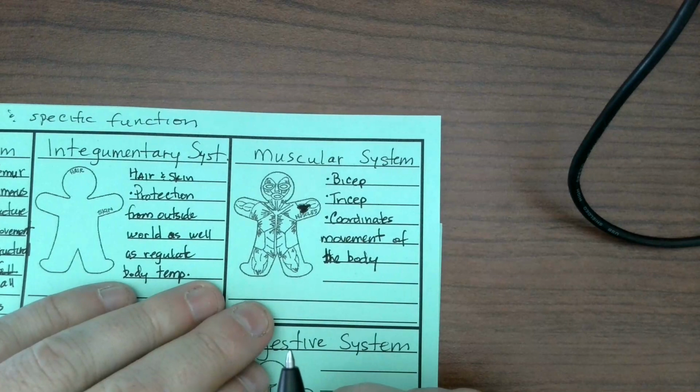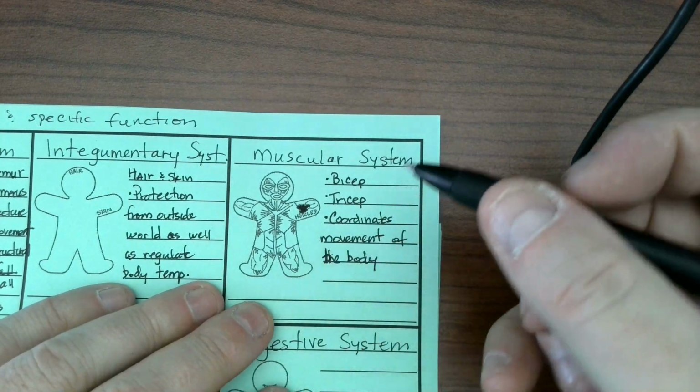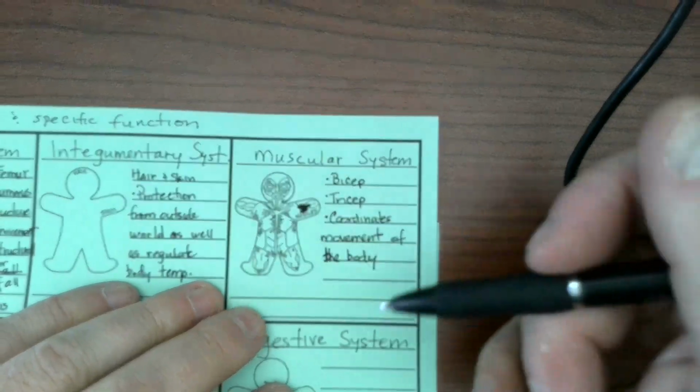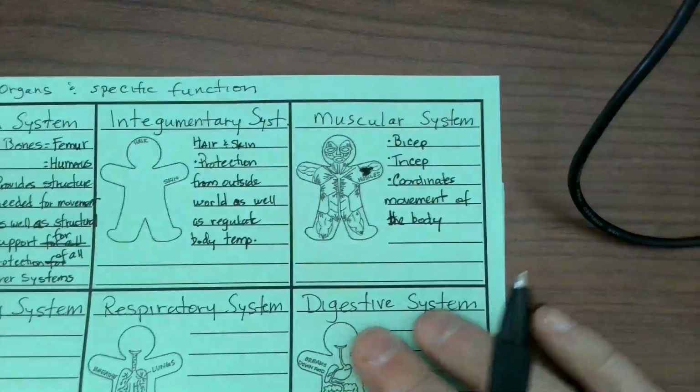Think of when you walk. There's muscles that relax and contract in your legs that generate the forward motion. As you push backwards, you move forwards.